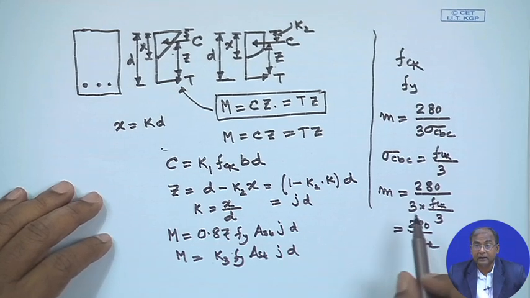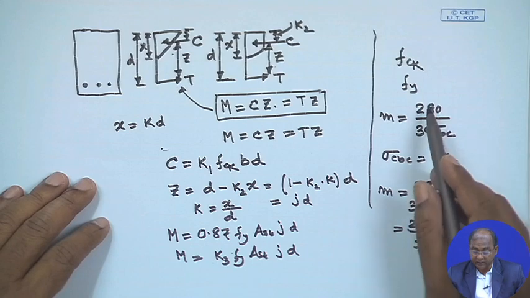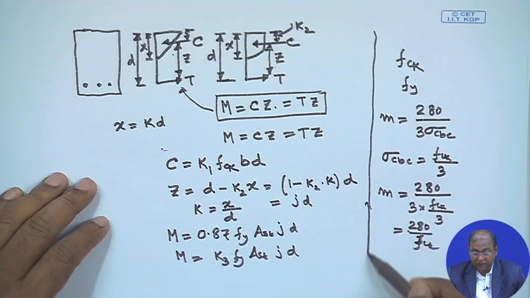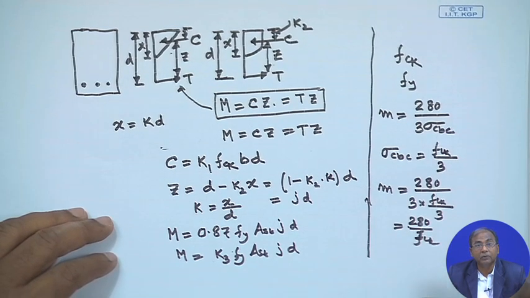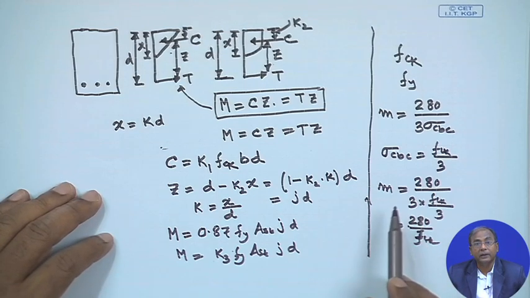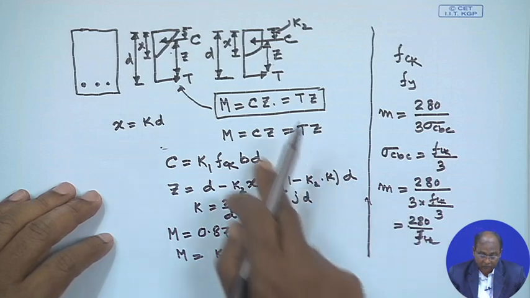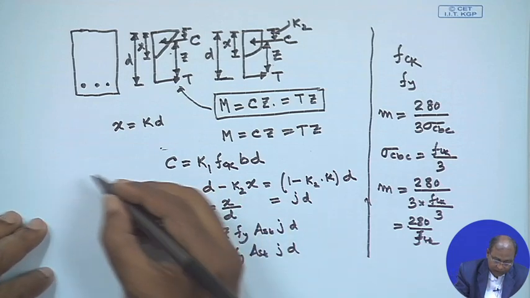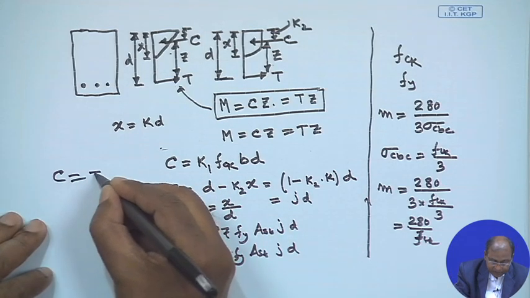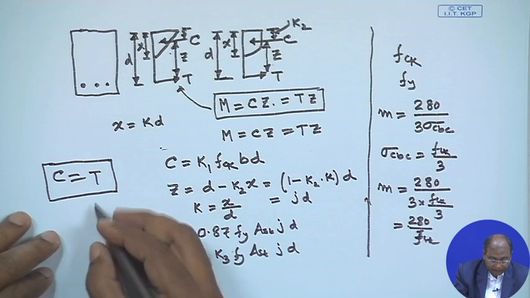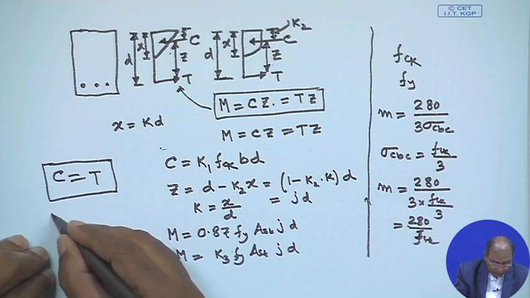That means we can write down this parameter in terms of fck and Fy, and on the basis of that we can solve. So, in general you are having only two equations, one is the equilibrium equation and the other one is the moment equation.